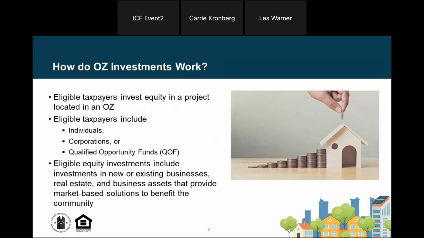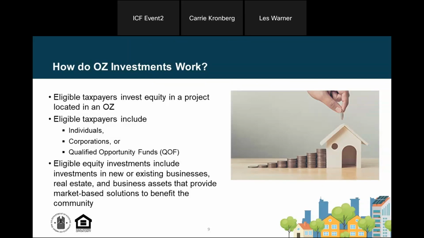And that project needs to meet the statutory and regulatory criteria, and we're going to be going through some of the details on that. So a wide variety of investors: we could have individuals, corporations, but we also will have a qualified opportunity fund, and we're going to talk about that on the next slide in just a moment.